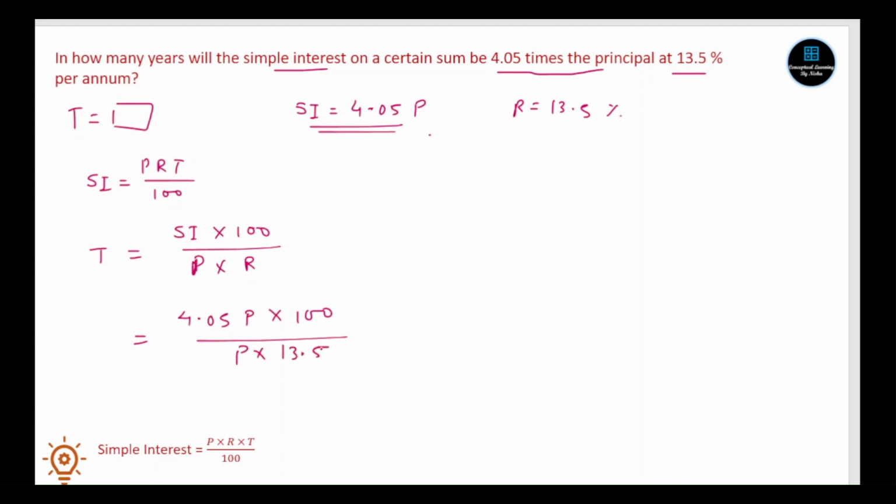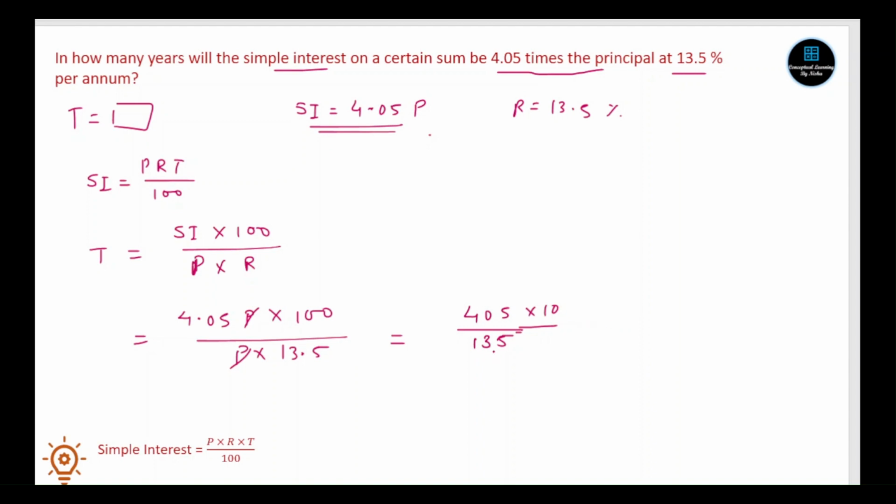Now, see, it is very easy. Correct? I can cancel out P, and on simplifying this, I'll get 4.05 into 100 as 405. Then 13.5 I can write as 135, and then the 10 goes up. Use this fraction and decimal conversion, then your question will be very easy.